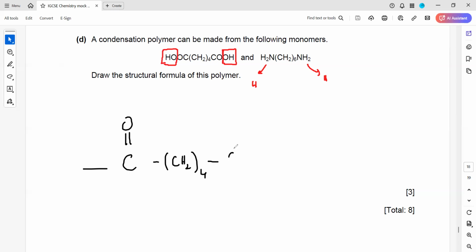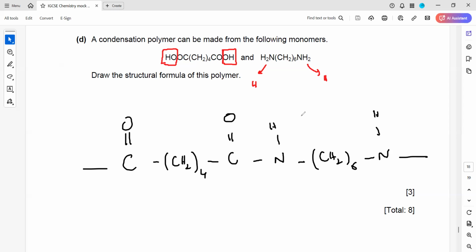Then next to them is C double bonded with O. No need for blocks, you can write CH2 bracket 4. This is actually the block. Of the 2 hydrogens, 1 is removed, so it will become NH. Then it is CH2, 6 is there, and then NH. So this is how you draw a condensation polymer.